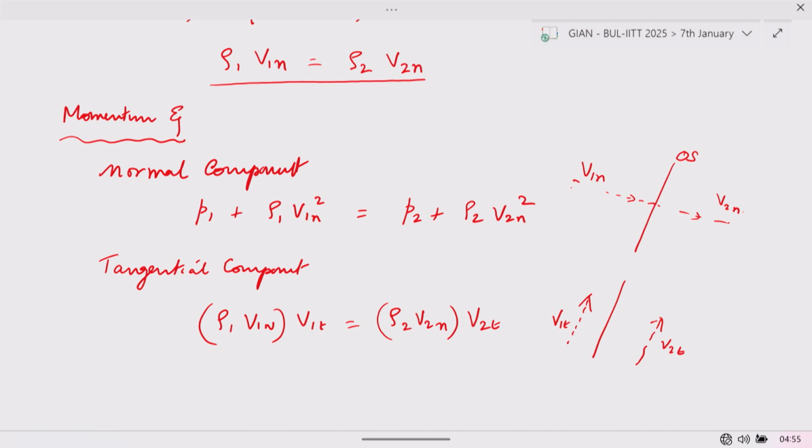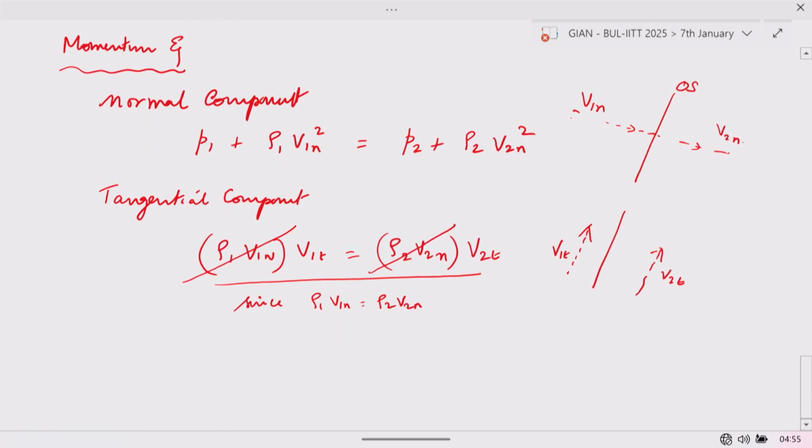Now again, if you look at this equation and the continuity equation, since rho 1 V1n is equal to rho 2 V2n, you can see that these two terms will cancel off in the tangential momentum.